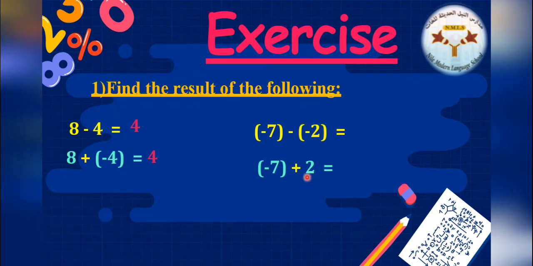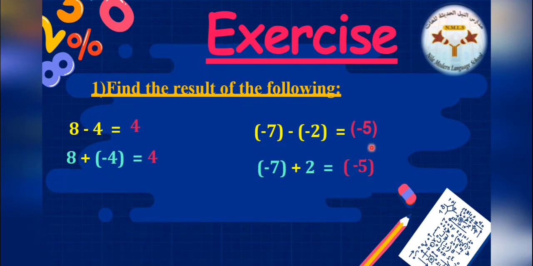Here, different signs. Find the difference. So 7 minus 2 equals 5. What about the sign? 7 has a greater numerical value than 2, so the answer must be negative 5. So negative 7 minus negative 2 is the same as negative 7 plus 2, and the answer is negative 5.